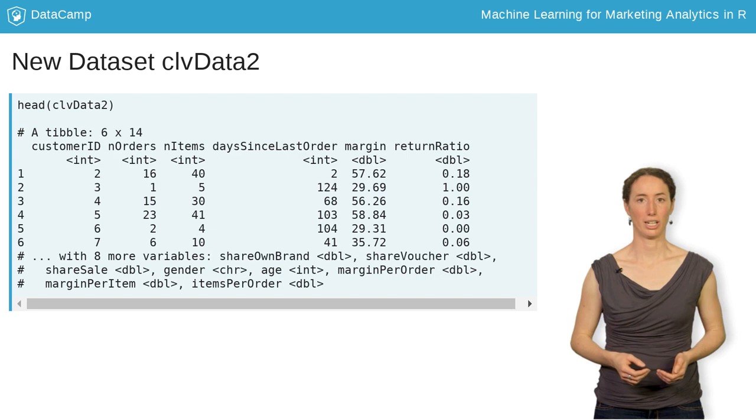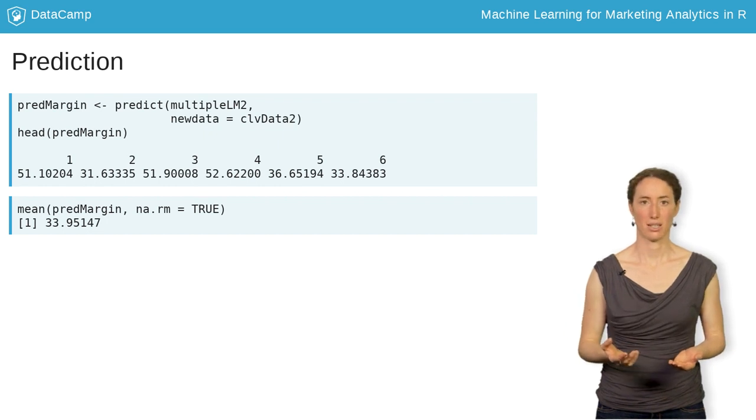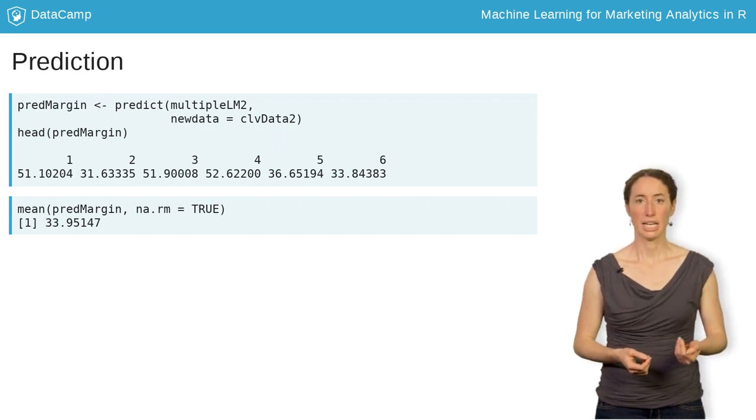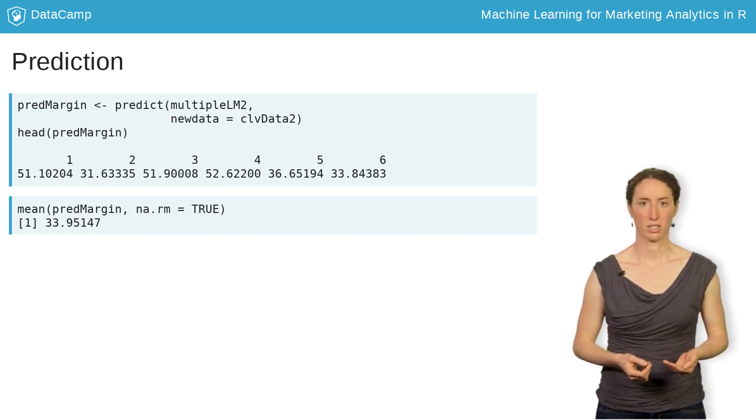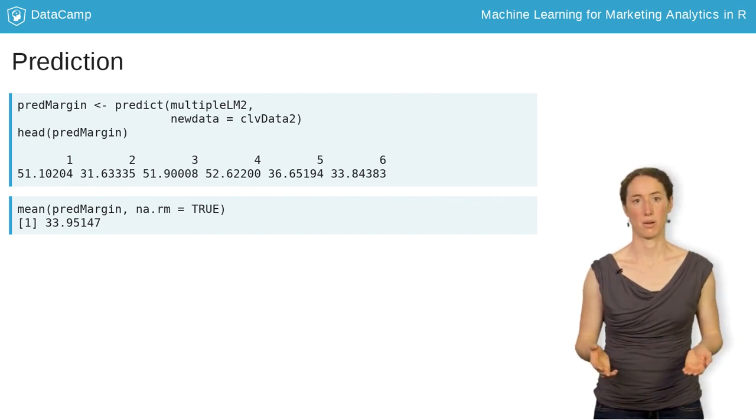Now, prediction is fairly easy. I just hand the model multipleLM2 and our new dataset clvData2 over to the predict function. If I store the predictions in a vector such as predMargin, I can use them for further analysis, like calculating a mean, for example.